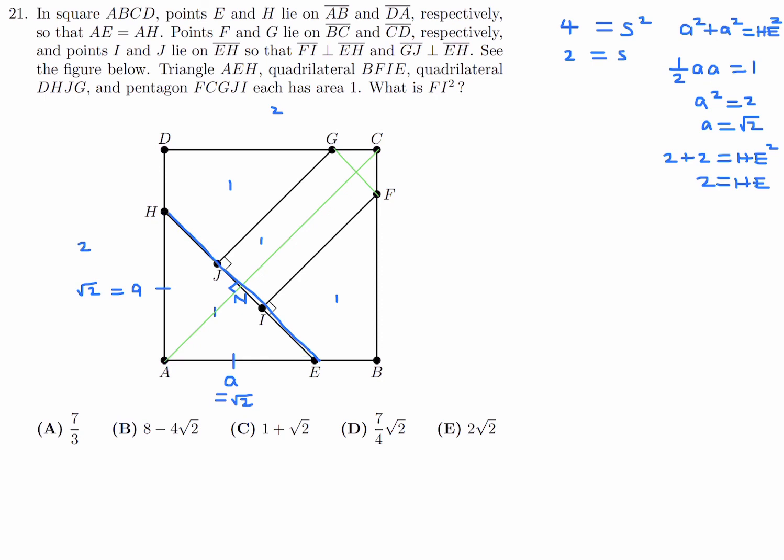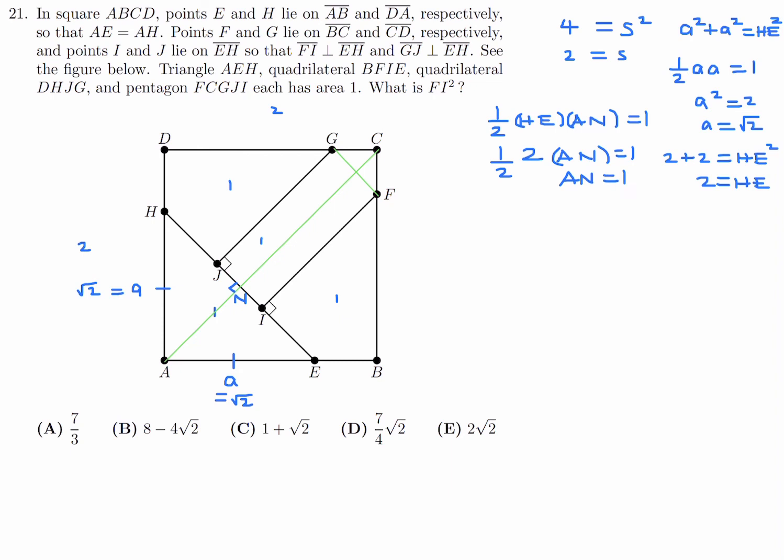So very similarly, 1/2 base HE times height AN is equal to 1, because that 1 is the area of that triangle AEH, according to the question. So that means HE is 2, 1/2 times 2 times AN is equal to 1, so AN is equal to 1. All right, so we're making some progress here.